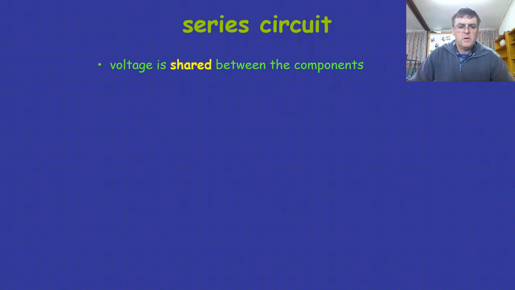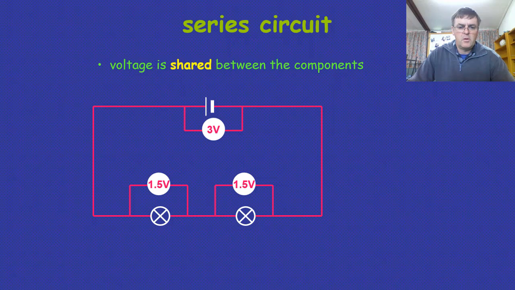So what happens to the voltage in a series circuit? It's shared. The oomph given out by the battery, in this case 3 volts, is shared equally between the components. So if I was to add in an extra bulb, that would mean this one gets 1, this one gets 1, and that one gets 1 volt.